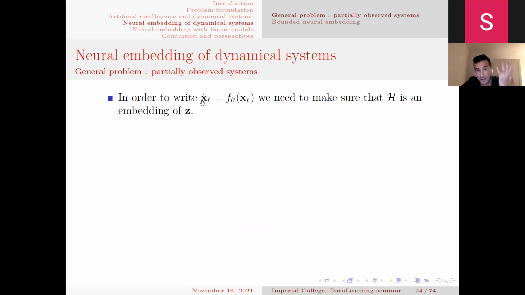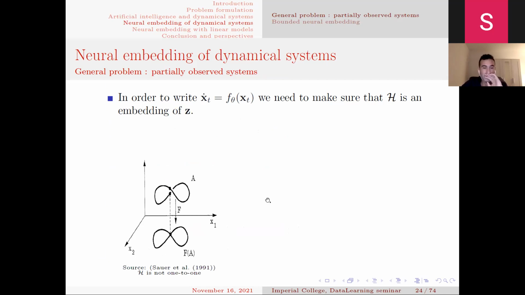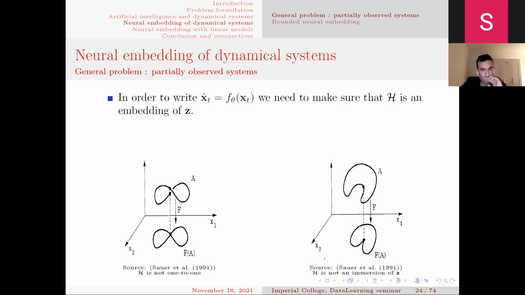Now, the issue is that in order to write such a differential equation, you need to make sure that H, the observation model, is an embedding of the higher dimensional state Z, which means that this observation model needs to be one-to-one. So the projection from the high dimensional space to the space of the observations is done without any loss of information.